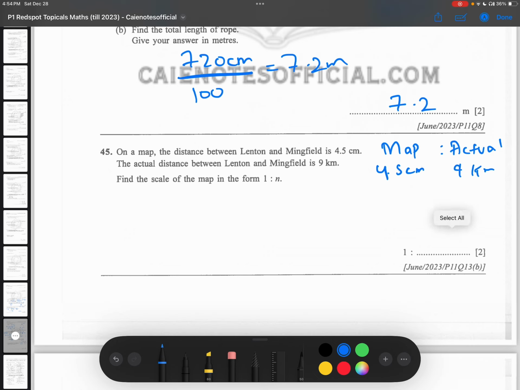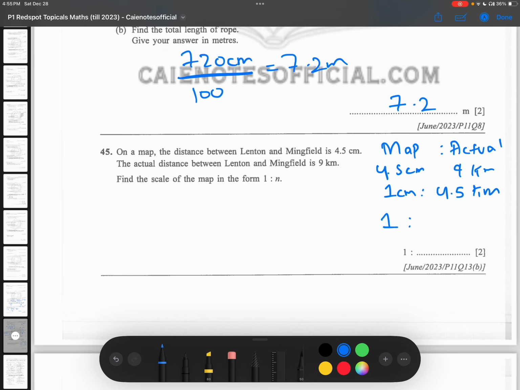First, I have to write it in the form 1:n. So I will divide these quantities by 4.5. When I divide 4.5 by 4.5, this becomes 1 centimeter, and 9 divided by 4.5 becomes 2 kilometers. I will have to write this answer in centimeters.